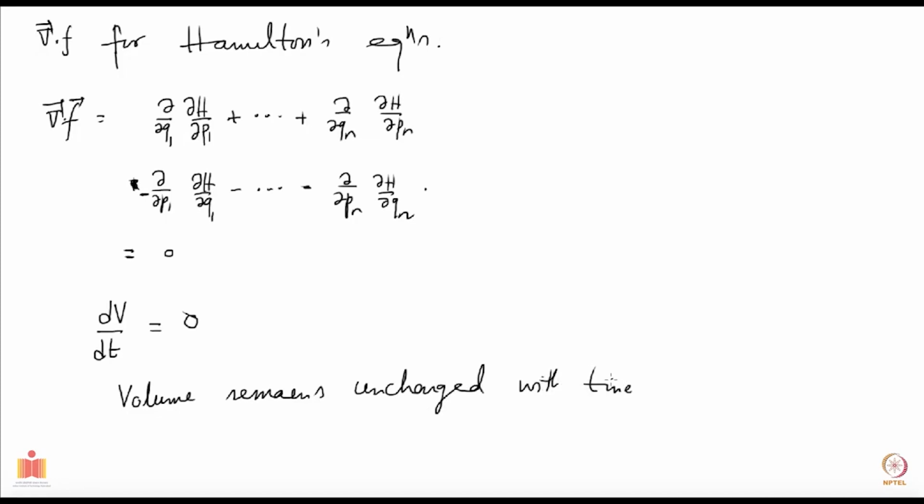Okay. The shape of the volume may change. It will change in general, but the volume spanned out by all the points as they move will still be the same as the original volume. Okay, and this is what is Liouville's theorem.